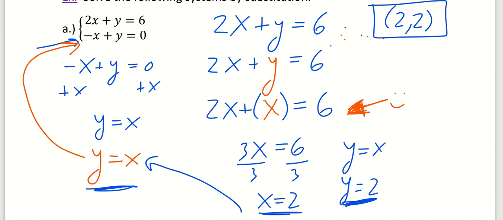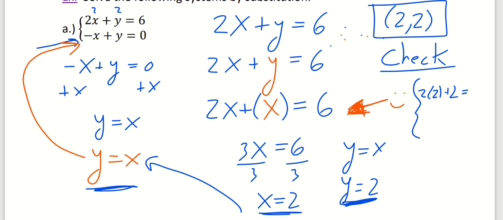Please make sure that whenever you're solving systems, you write your solutions as ordered pairs. One of the beautiful things about algebra is that if you have a solution, we can check it to make sure that we got it right. Let me plug (2, 2) back into the original to show that we get a true statement. Everywhere I see an x, I'm going to put 2. Everywhere we have a y, I'm going to put 2. This is 2 times 2 plus 2 equals 6.